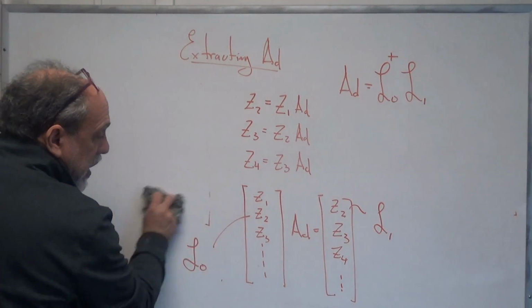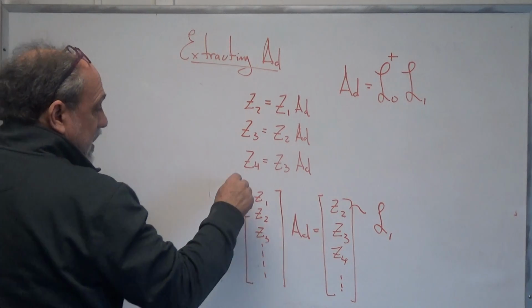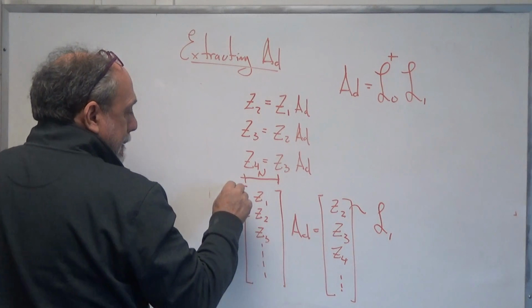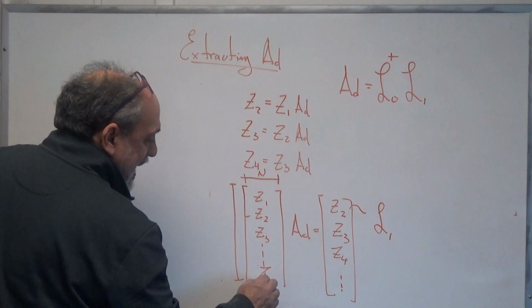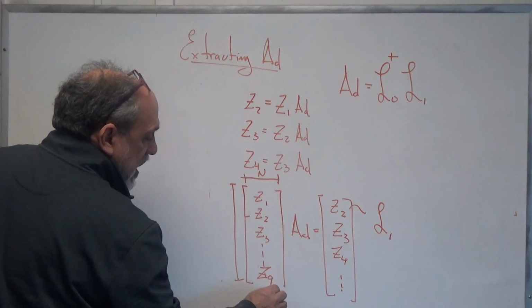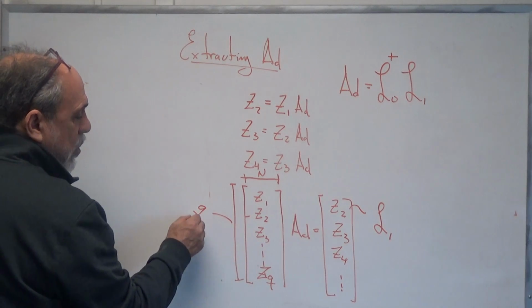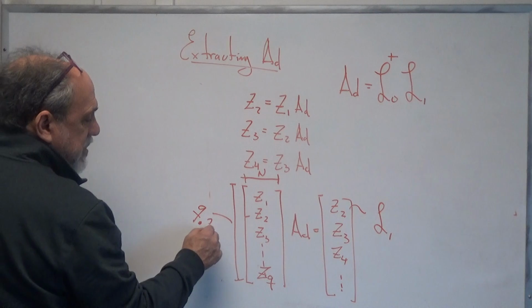So we know that this direction is the system order, and this direction is, if our last one here was ZQ, then that means that we have Q times M, right?